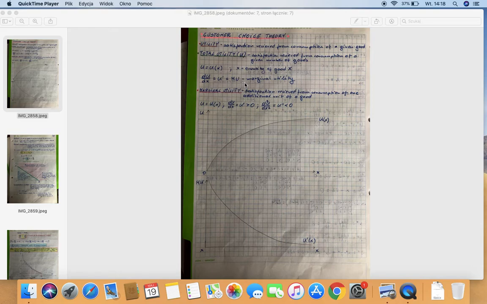Look, marginal utility is just like the marginal cost you learned about in microeconomics. This is the additional satisfaction that you receive from consumption of one additional good.